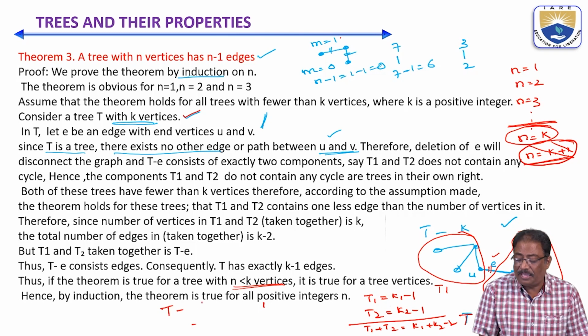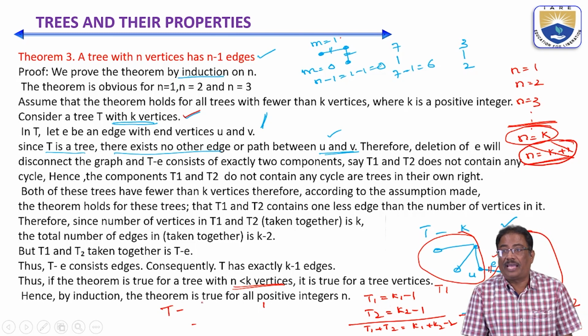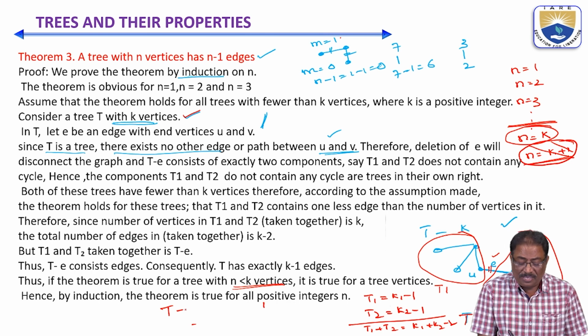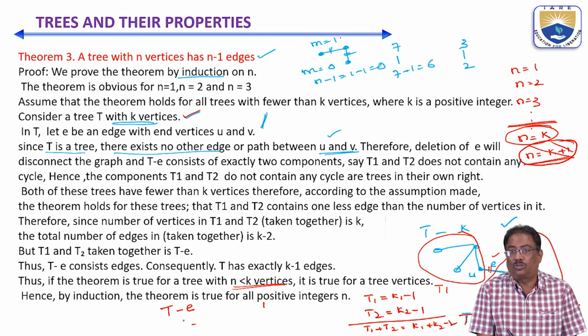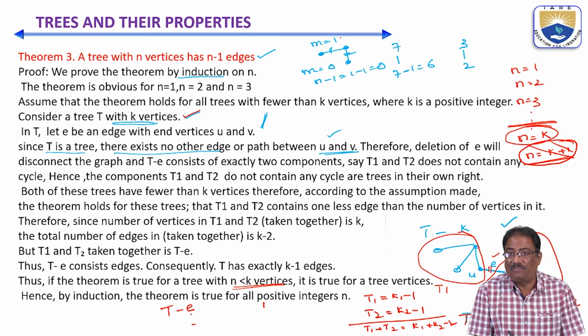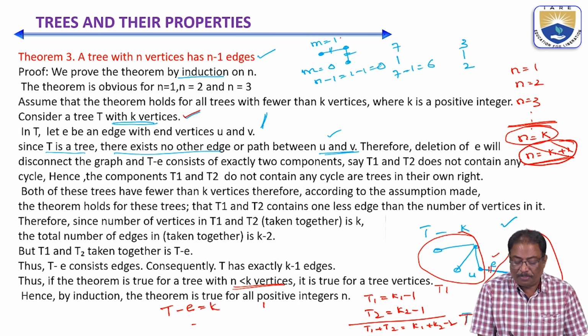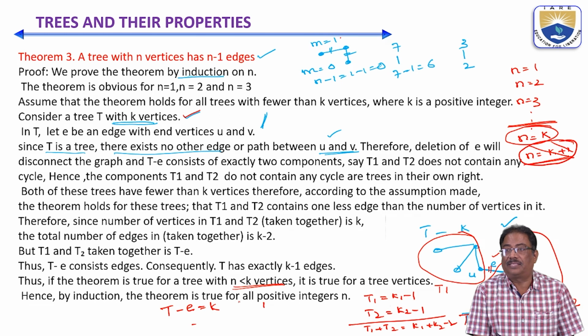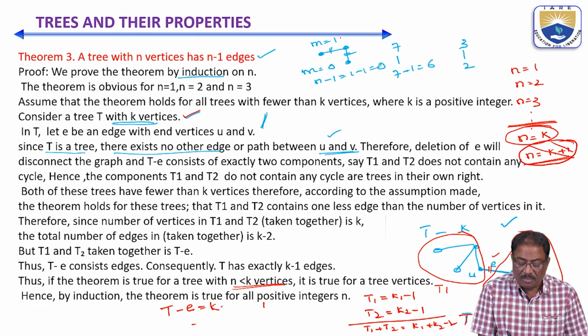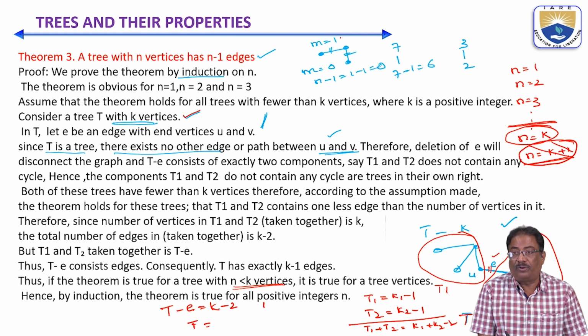T is the given tree which is having K vertices, and we removed one edge. So the total number of edges T has, minus one edge, equals K1 plus K2 minus 2, and K1 plus K2 is nothing but K vertices, so K minus 2.